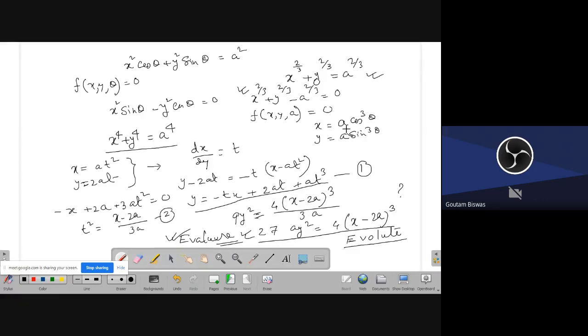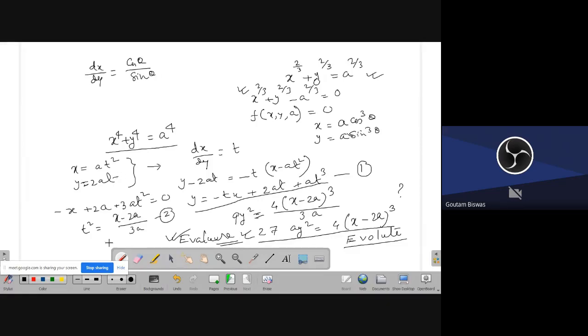Then dy/dx is equal to minus sine theta by cos theta, so the normal slope is cos theta by sine theta.